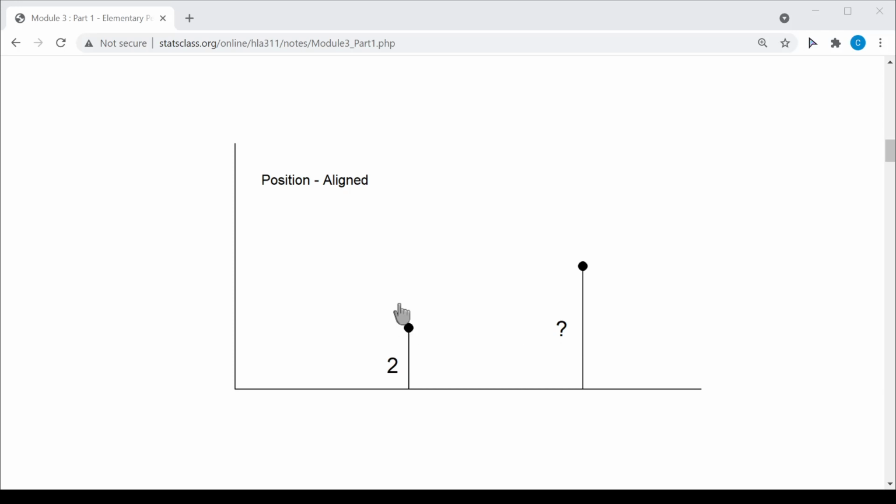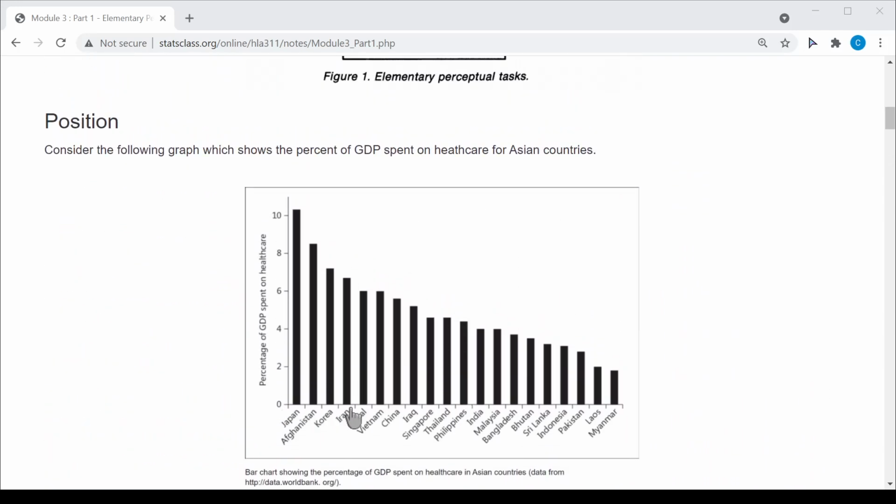Now we're able to do that because, again, we're pretty good with determining position along an aligned scale. What we mean by aligned here is they start at the same position on the bottom, which is the case on this graph here. These are all aligned with 0 along the bottom there.